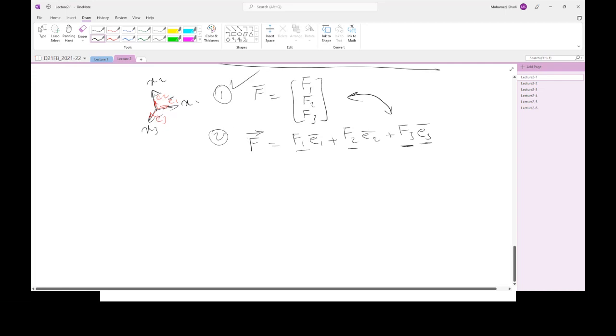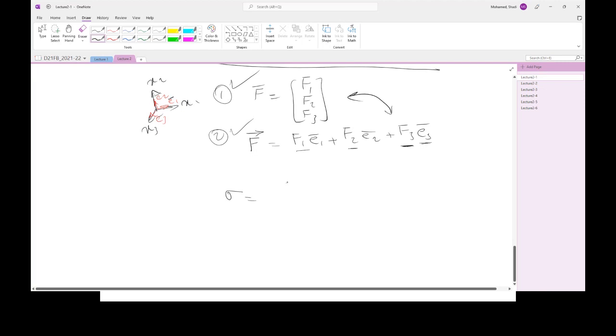But if you look into a continuum mechanics book, usually they would write vectors in this form. I'm going to tell you in a minute why this would be useful in continuum mechanics books. Now, the same is also correct if you look into tensors.